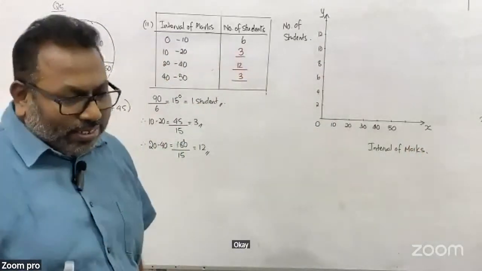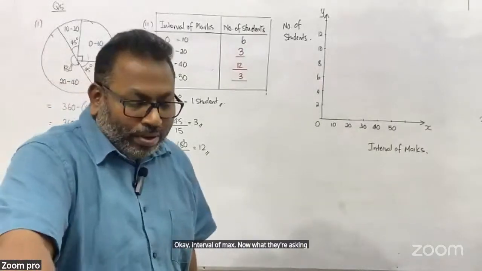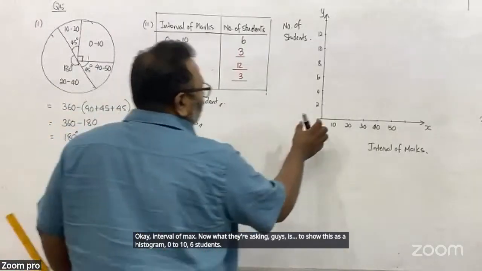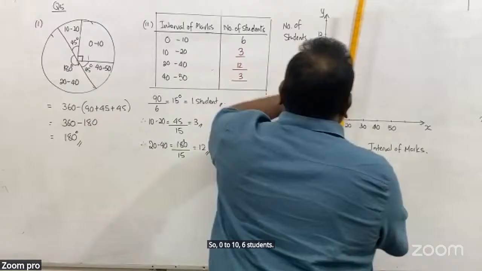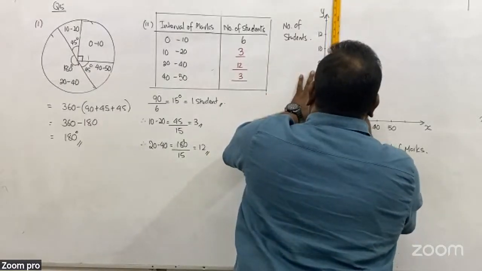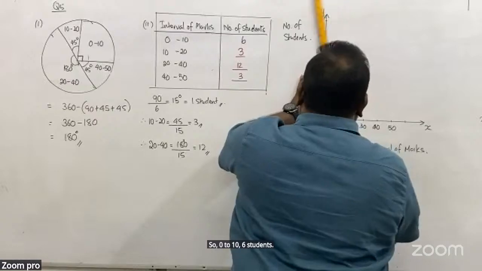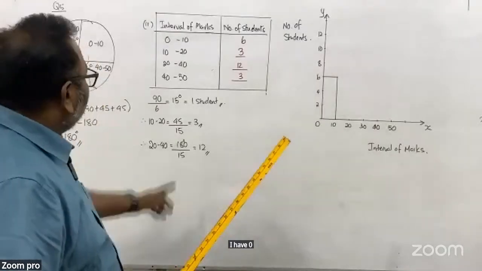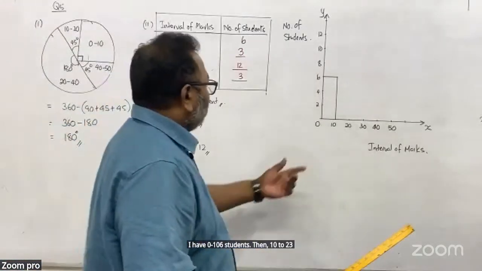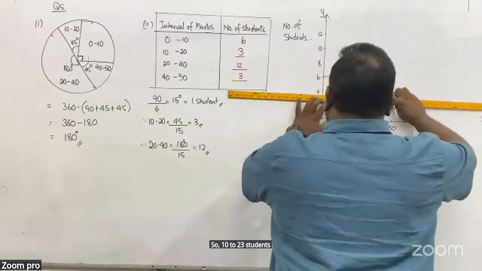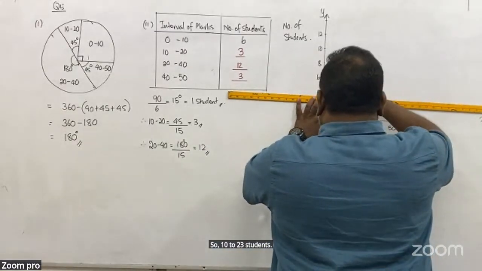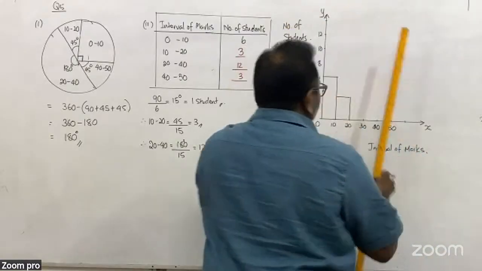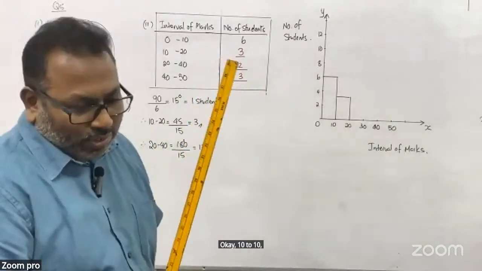Now what they're asking is to show this as a histogram. 0 to 10, 6 students. Then 10 to 20, 3 students.